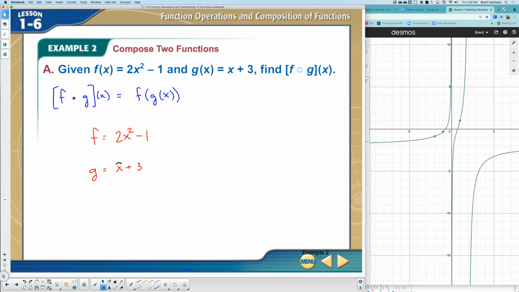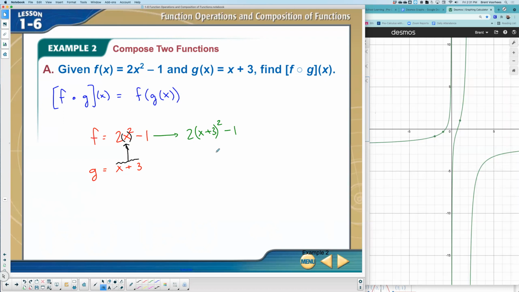From here, I take the g's equation and I substitute it in for the x. Now, remember what I told you about substitution. Will this x stay there? No, this x right here is going to come out, and it's going to be replaced by x plus 3. So I will have 2 times parentheses x plus 3, close that parentheses, squared minus 1.